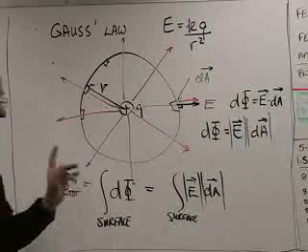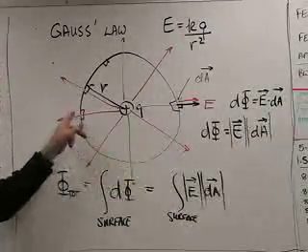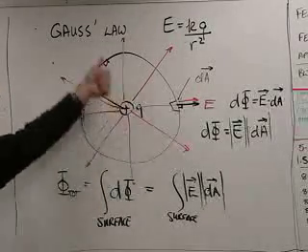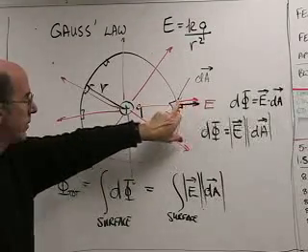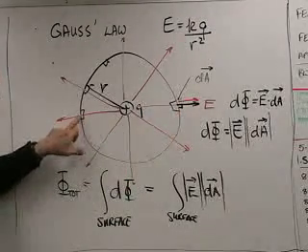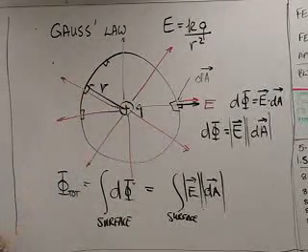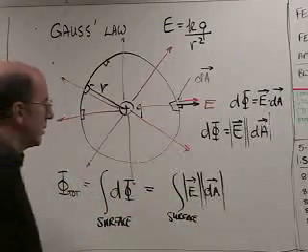The only thing we need to know for this point is that at any point on this sphere, the electric field is the same. We know that the electric field has this spherical symmetry to it. So the magnitude of the electric field here is equal to the magnitude of the electric field here. That's the only symmetry we have, the spherical symmetry. So we can pull the value of the electric field out.